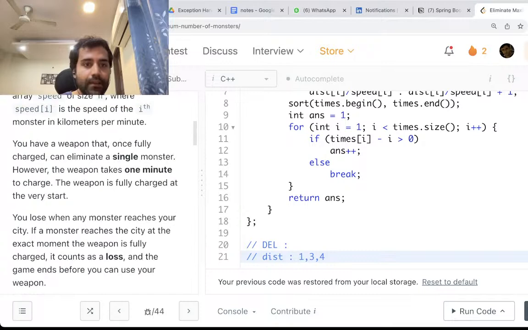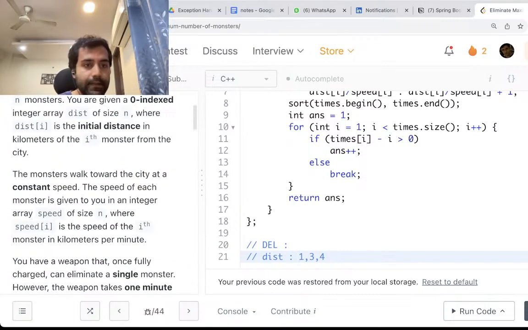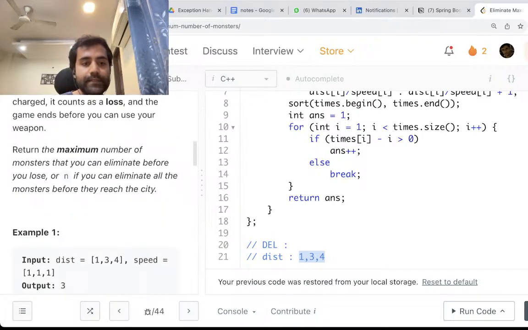Okay, cool. Now there is one more array. It says that the monsters walk towards the city at a constant speed. The speed of each monster is given to you in an integer array speed of size n, where speed[i] is the speed of the ith monster in kilometers per minute. So all these three monsters are initially at this much distance, and they are also moving with some speed.